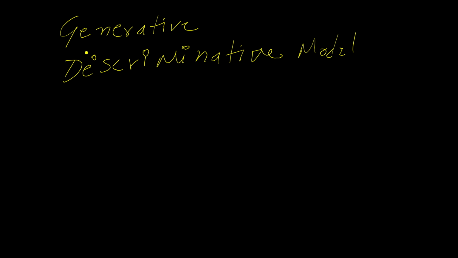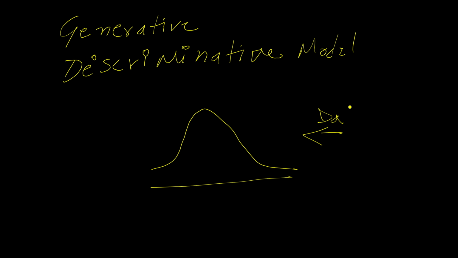If you have heard the word generative, the generative terminology means that they assume a distribution of the data. Here is your data. They will use the existing training data of yours, whatever is coming to them, and on the basis of it, they will make assumptions about the distribution of the data.